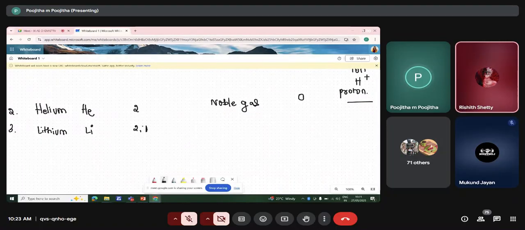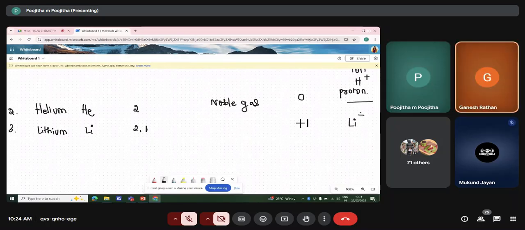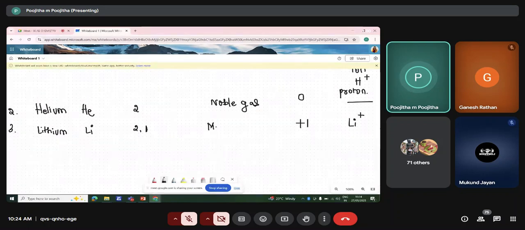Lose electron. So it will exhibit a valency of +1. What will be the ion formed? Cation, Li plus. So what type of element is lithium? It is a metal. So how do you identify? Look at the outer electronic configuration. This element has 1 electron in its outermost shell.